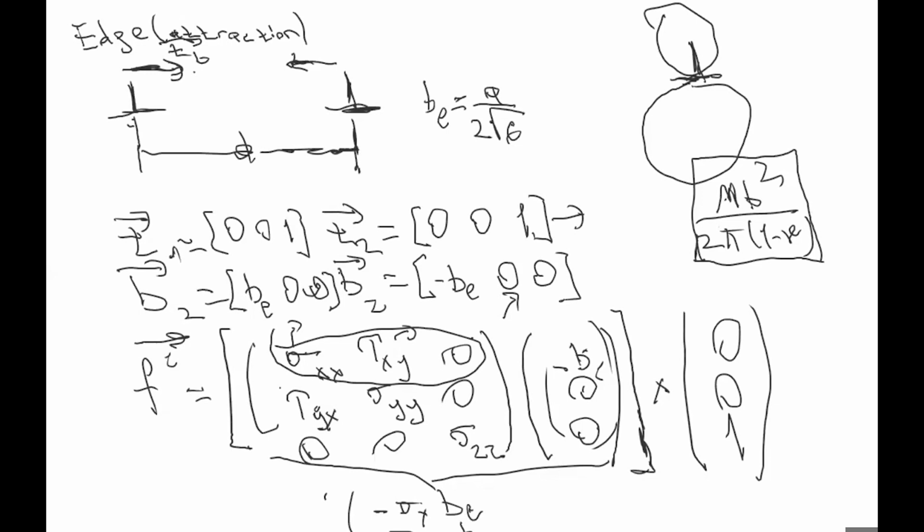Oops. Yeah. Then you just need to multiply it with 0, 0, 1. Then we will come up with basically this guy right here, minus tau xy BA.